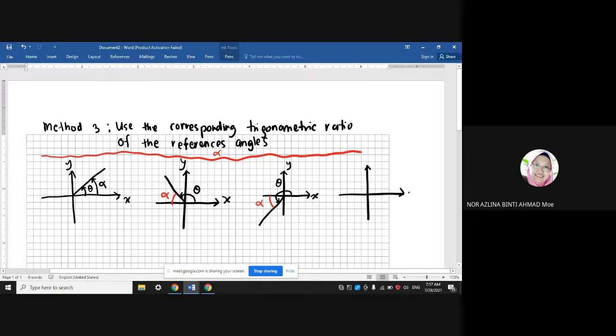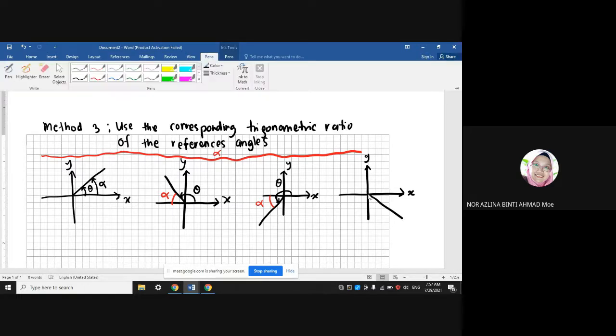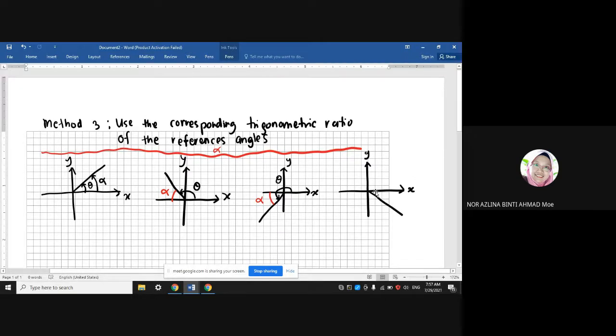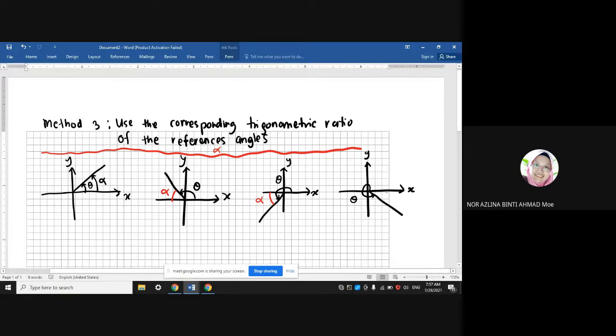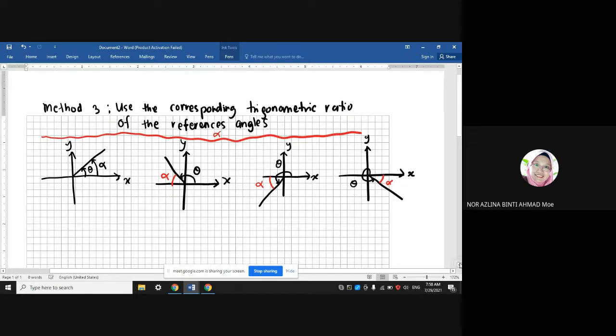Kuadran yang keempat. Theta kita yang mana? Theta from 0. This is theta. So where is reference angle? Reference angle from x-axis to line. This is reference angle. Okay, next.